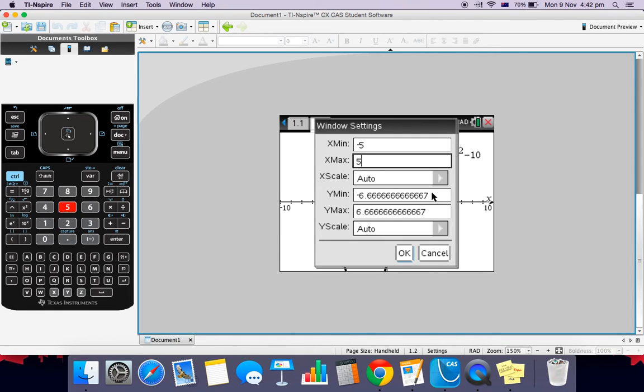And Y min, we're going to need a lot more because we couldn't see the turning point. Because this parabola was more of a frown than a hill, we know it's going to have a minimum turning point in the negatives. So we need to make this y min a lot longer, or smaller if you like. So let's say negative 15 for now, and this y max can probably be 5.